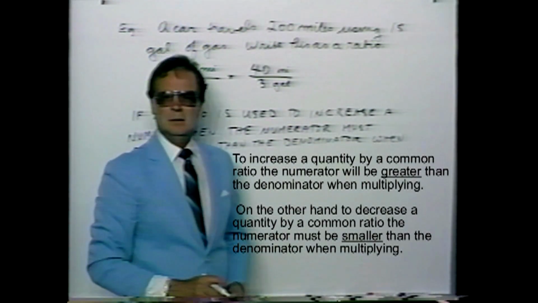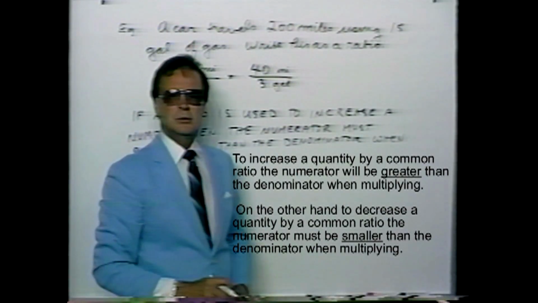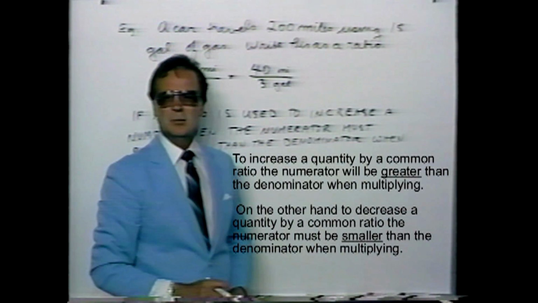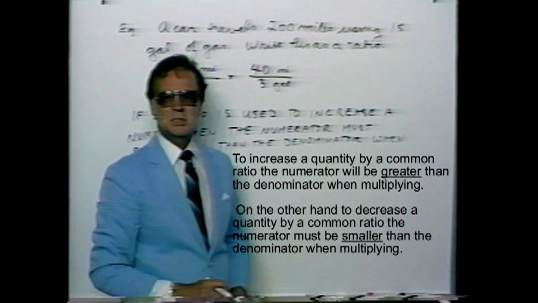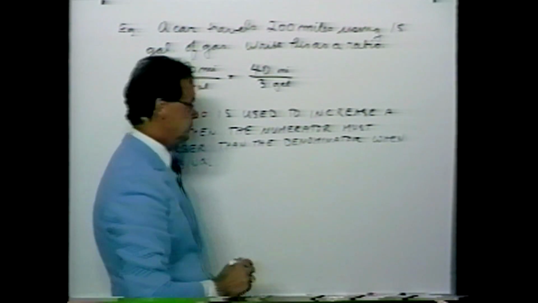On the other hand, if the ratio is used to decrease a measurement or number, then the numerator must be smaller than the denominator.